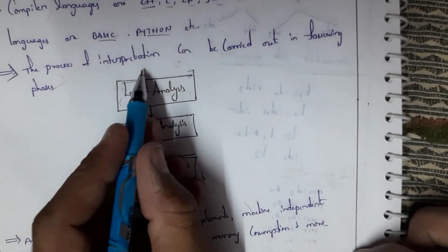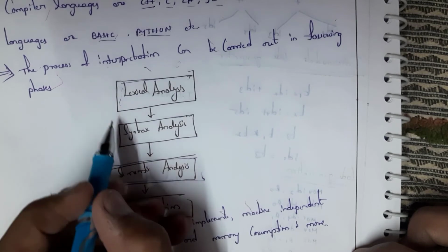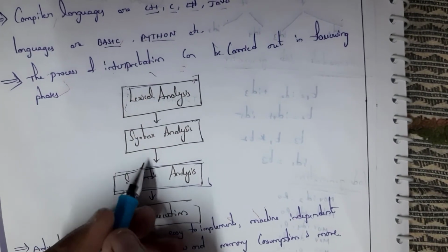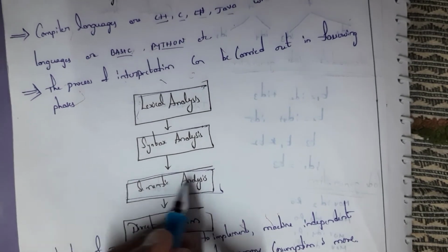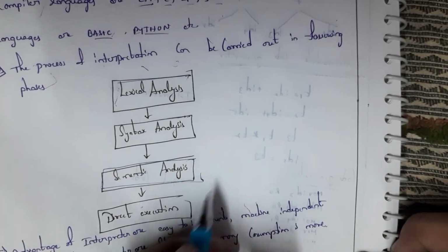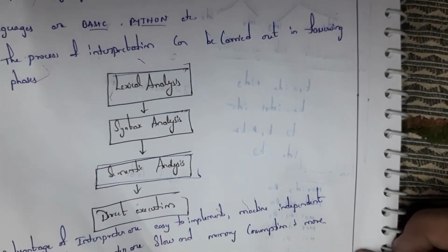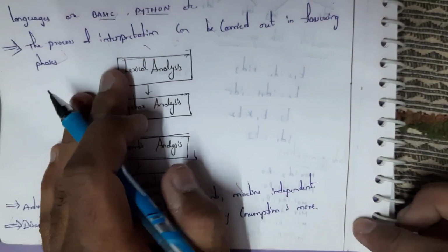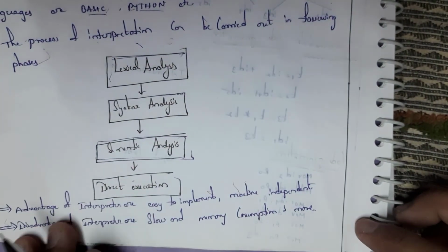First the program is sent into lexical analysis. After that, the program is sent into syntax analysis. After analyzing the syntax, the program is sent into semantic analysis. After all these phases, our program gets executed. These are the 4 phases which are used in an interpreter.